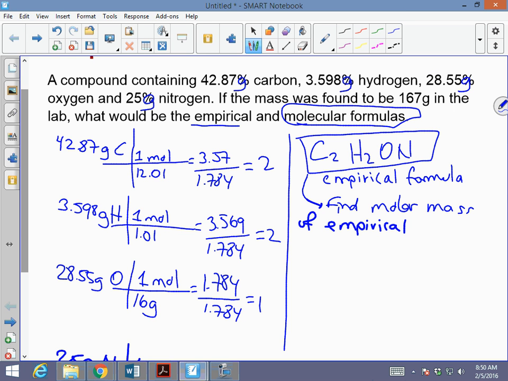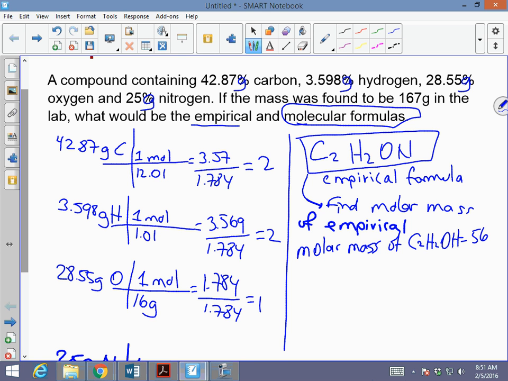The molar mass of the empirical should give you 56 grams because you have 2 carbons times 12, 2 H's times 1, 1 oxygen and 1 nitrogen. So the molar mass of C2H2ON is 56.